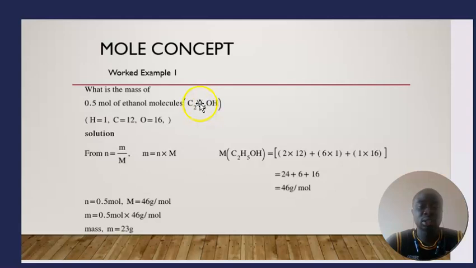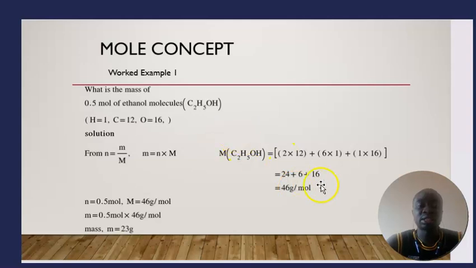This is 5, then you come here, so 5 plus this one gets 6. So for hydrogen, we have 6 atoms times atomic mass 1, plus you are left with oxygen. The number of oxygen atoms there is 1. So 1 times the atomic mass of oxygen, which is 16. Then when you do the computation, you get 46.